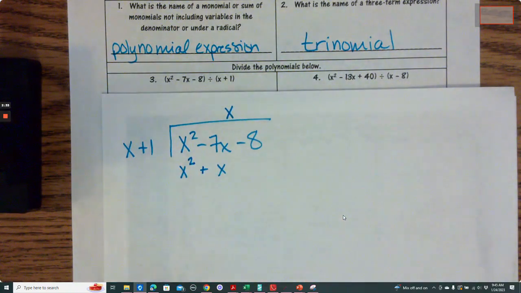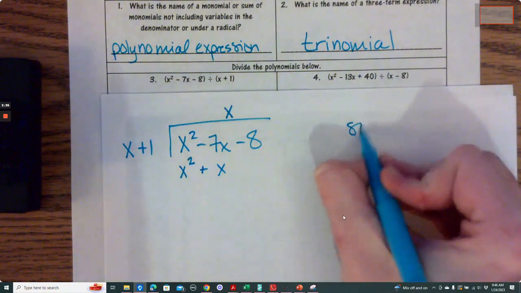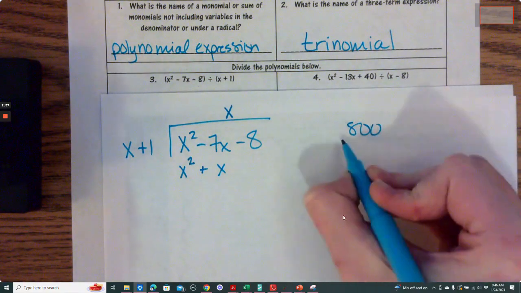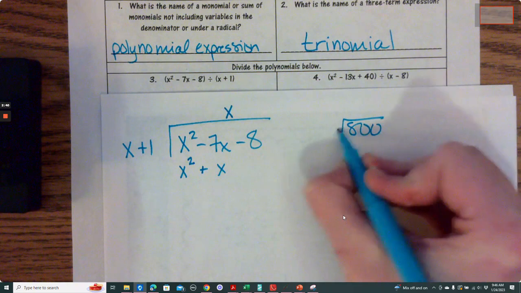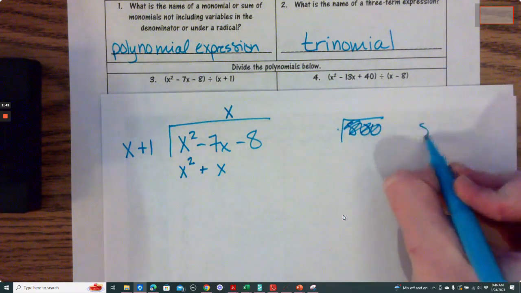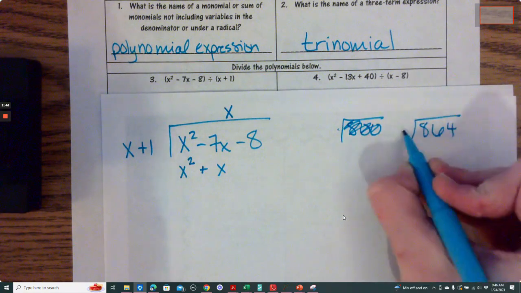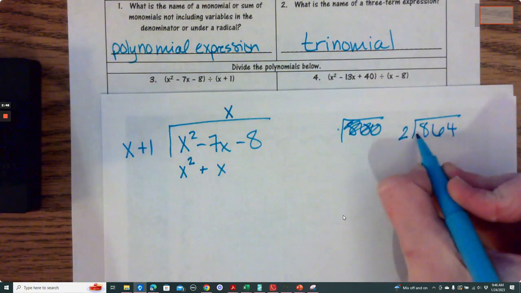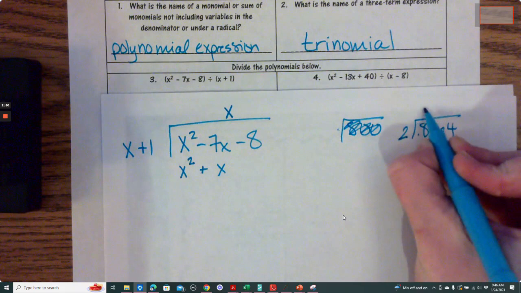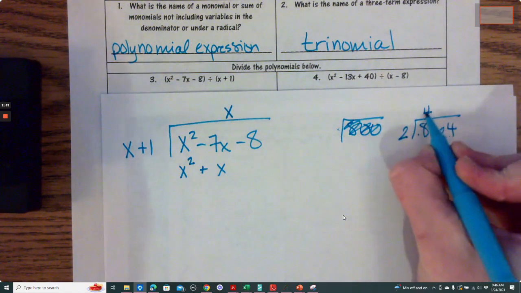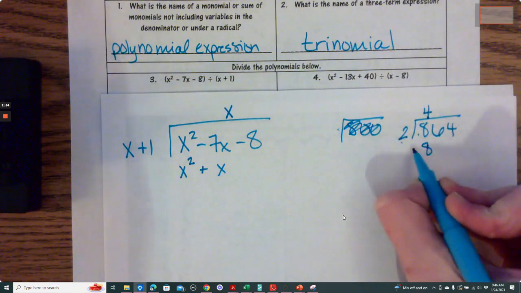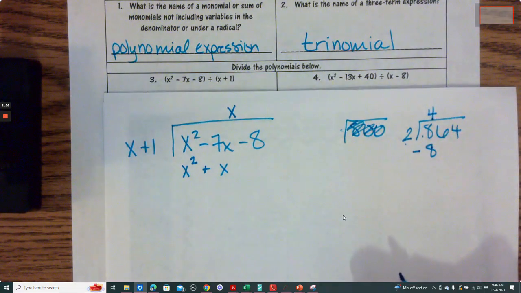Now, when you're doing regular division, let's do 864 divided by 2. So we would go 8 divided by 2 is 4, and then you'd go 4 times 2 is 8, and then you would subtract that, right?